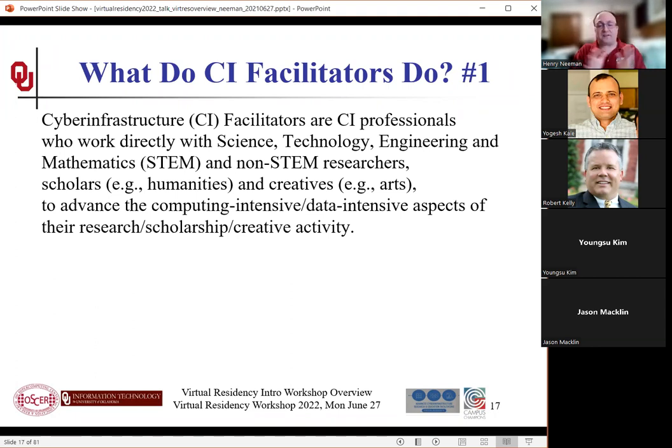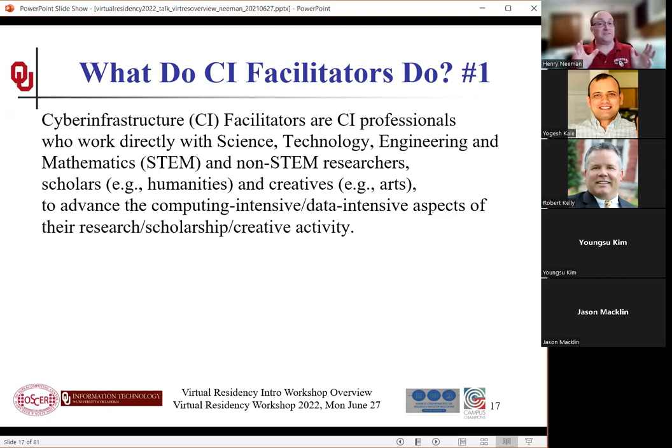And I want to say, for the folks who are in disciplines where the words research and researcher are looked on a little bit askance, that for the rest of the week, when we use the word research or researcher, we're referring to all of research, scholarship, and creative activity. This is not limited to research in the most literal sense. It is not limited to STEM.